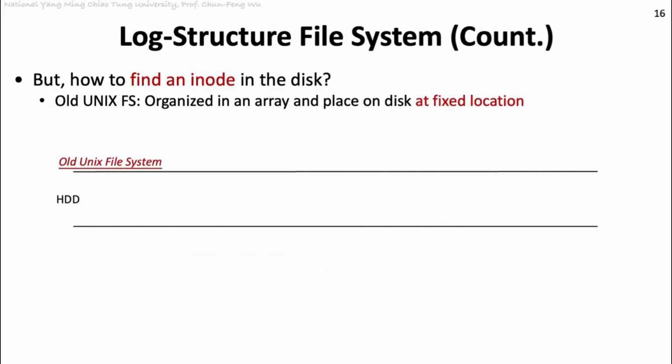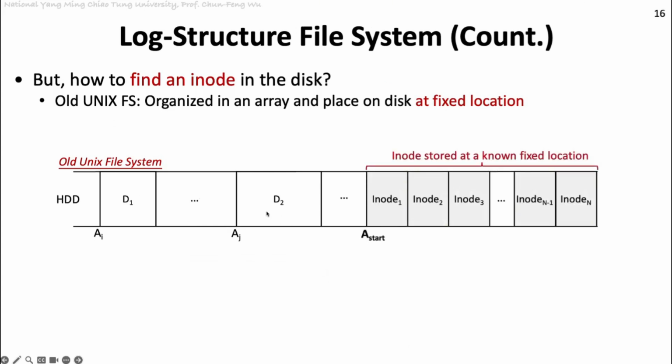Like this old Unix file system, for example, here is the data, like D1 and then a lot of data, and different data are placed on the hard disk drive. Then we reserve, for example, the last amount of the space to place the inodes. So this is the first inode, which manages the first file, and the second inode manages the second file.